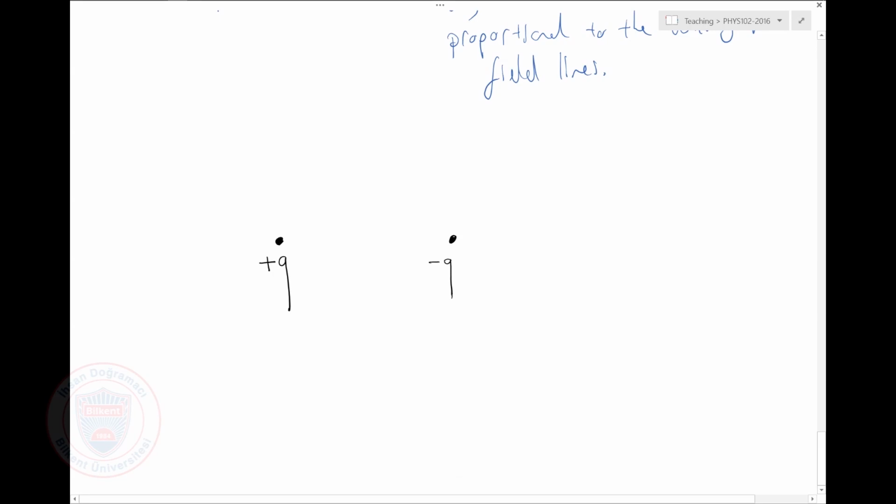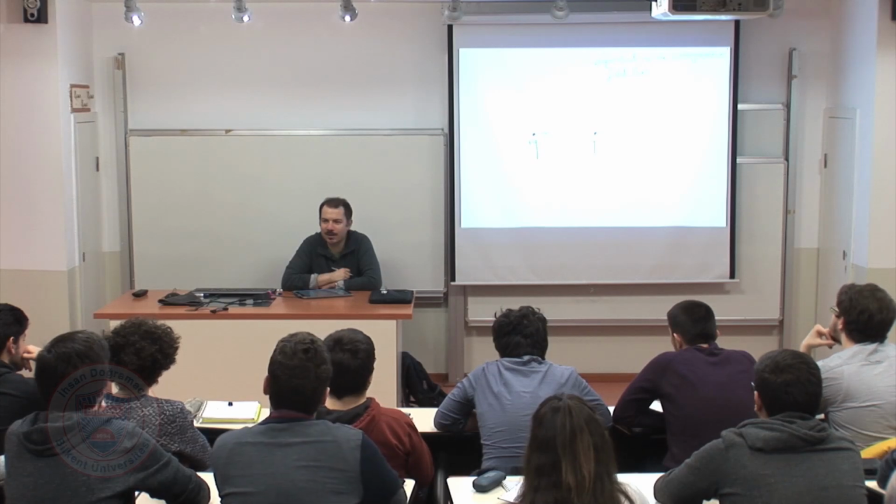So what are my rules? The first rule is any line must start either from a positive charge or must come from infinity. Now here I have plus Q, so let's say I have a line going right. At each point, the tangent to the line must be in the direction of the electric field.